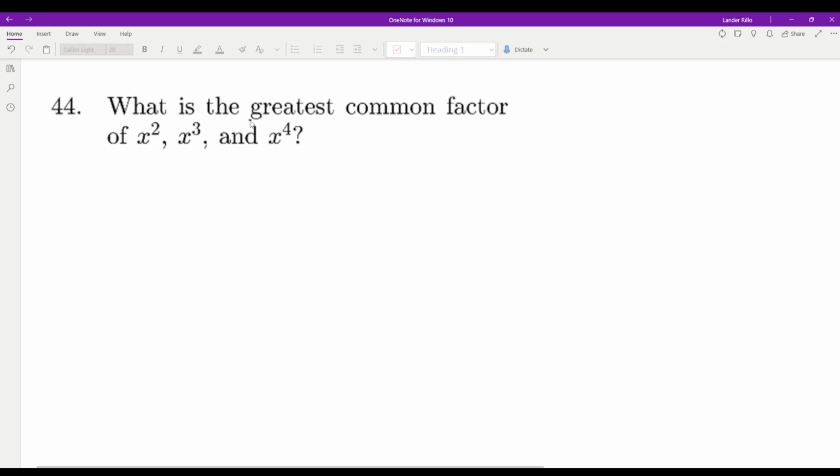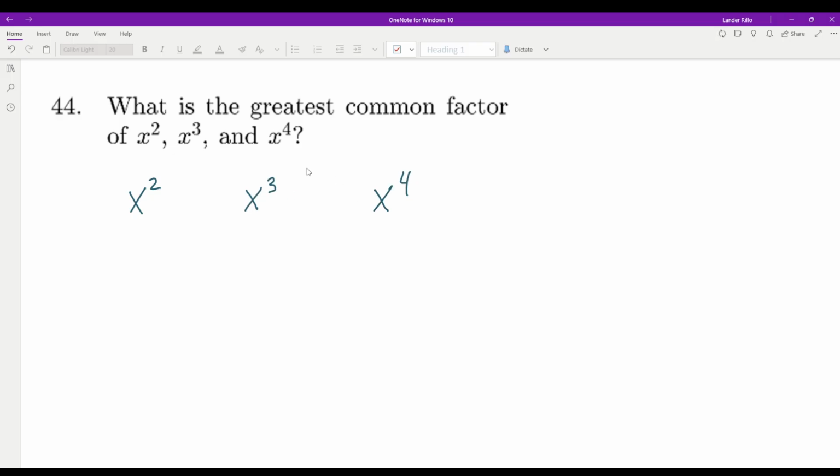We have another example, but now the GCF does not always have to mean numbers in general. We can talk about variables. It's a little bit different how you would calculate or define them with variables, but here's how you would do it. So we have x squared, x cubed, and x to the fourth. Just write them all in a line.